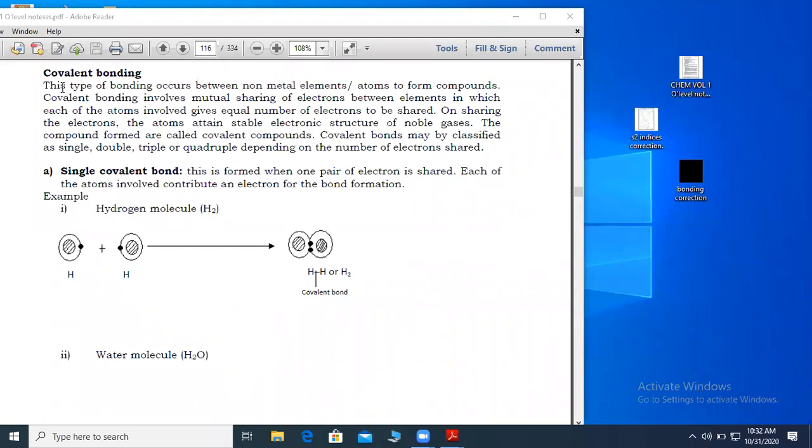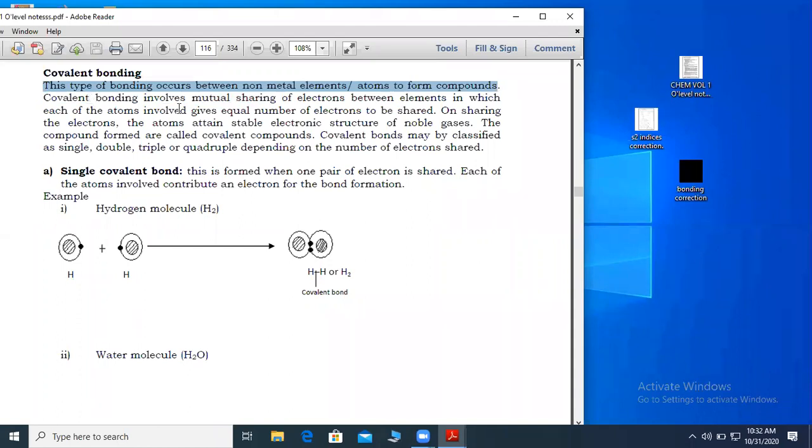So covalent bonding is the type of bonding that occurs between non-metal elements to form a compound. This one is not new to you.